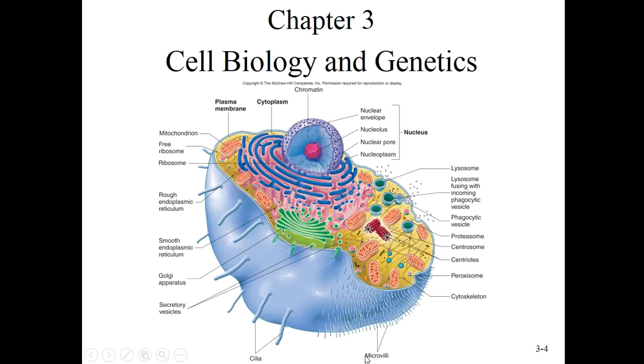The short, fuzzy ones are called microvilli, and they don't tend to move, at least actively. They might get pushed around or wiggled by fluid moving past the cell, but microvilli, they're not motorized. Microvilli are there for increased surface area, for absorption or secretion.